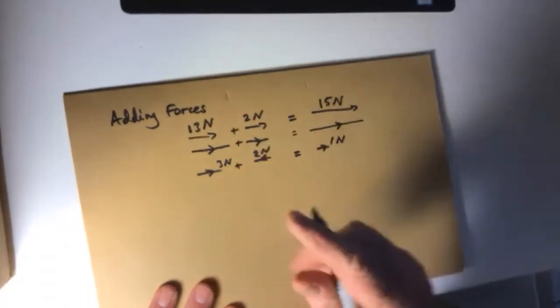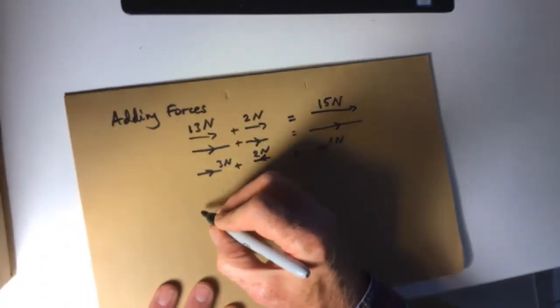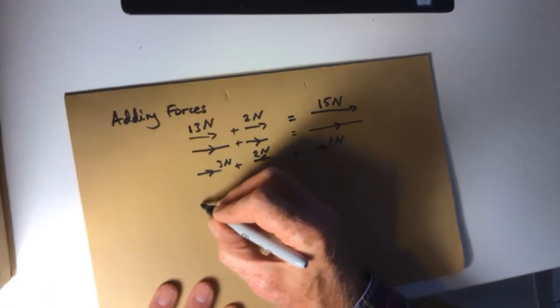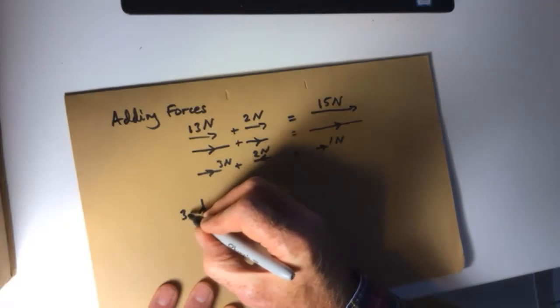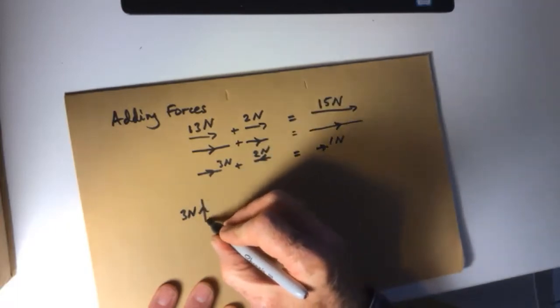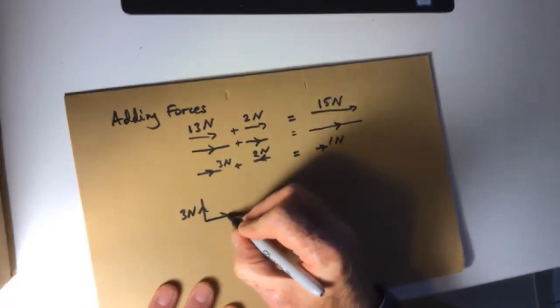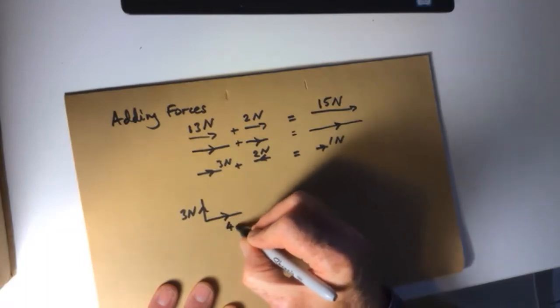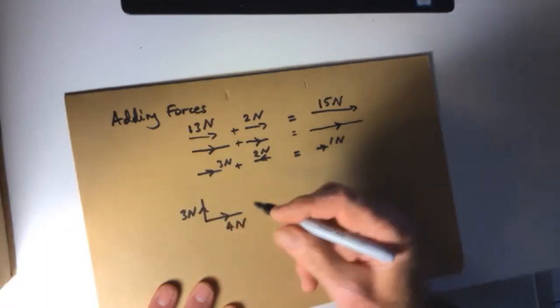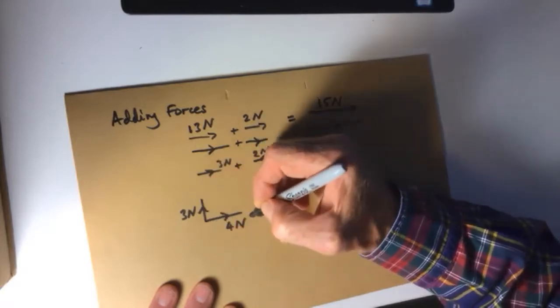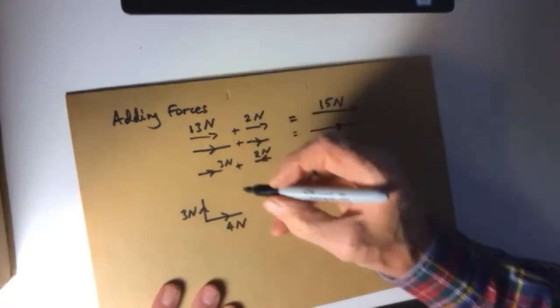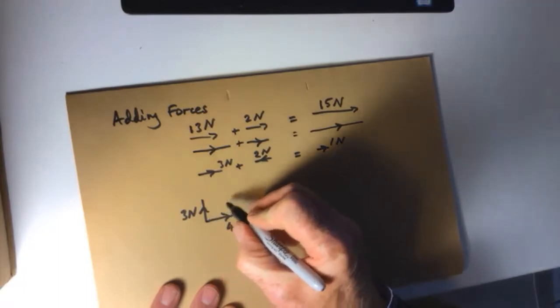This is standard. If they were at right angles, it would be pretty cool, guys. Now, if you think about it, if you've got 3 newtons acting up this way and 4 newtons acting this way. So you've got an object here and you've got a rope pulling this way, or a string pulling this way and a string pulling that way. Okay. Our overall force would be this diagonal.